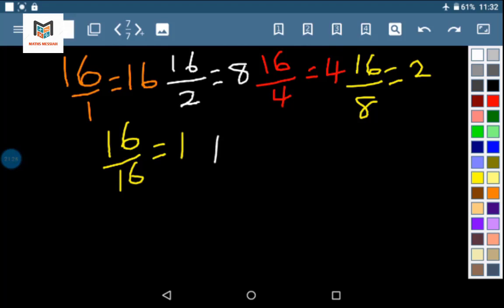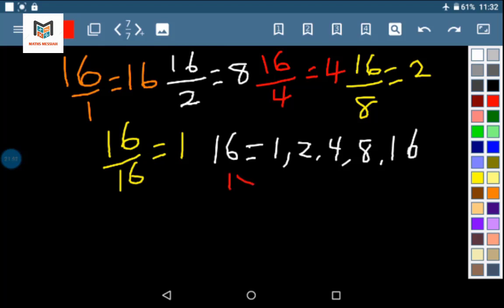So the factors of 16 are 1, starting from the lowest to the highest, 2, we have 4, 8, then 16. Check your answer and see if it will be correct. When you multiply 1 by 16, you get 16.